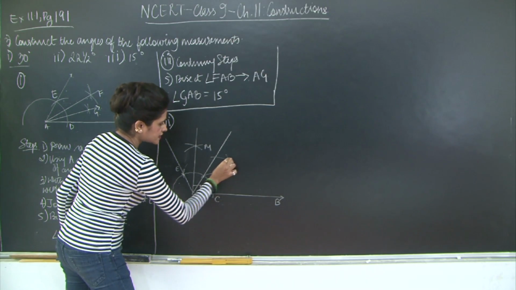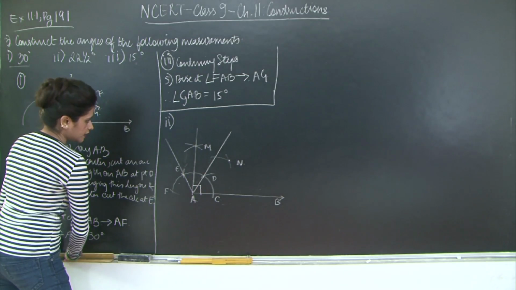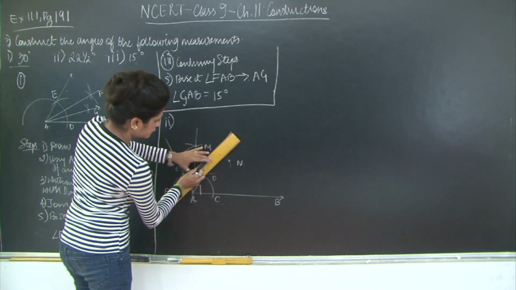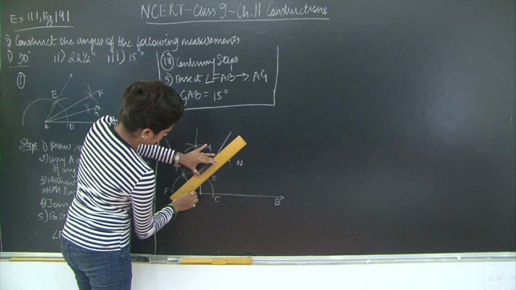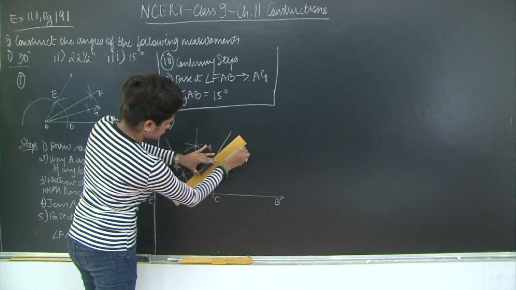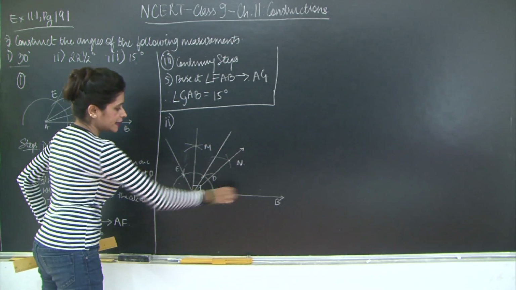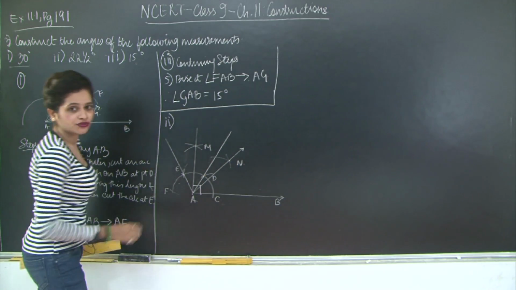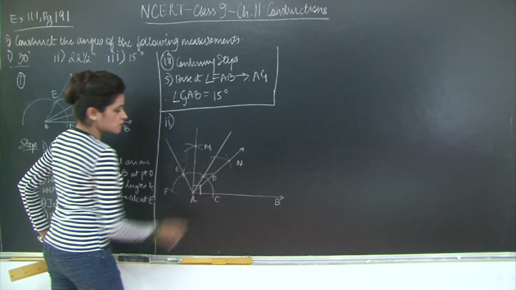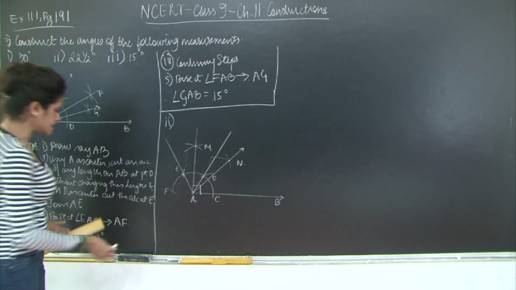Let's call the point of intersection of these arcs as N. Let's join AN. Now I am going to bisect angle NAB. Angle NAB is how much? 45 degrees, and angle MAN is also 45 degrees because they are the half of angle MAB, which is 90 degrees.